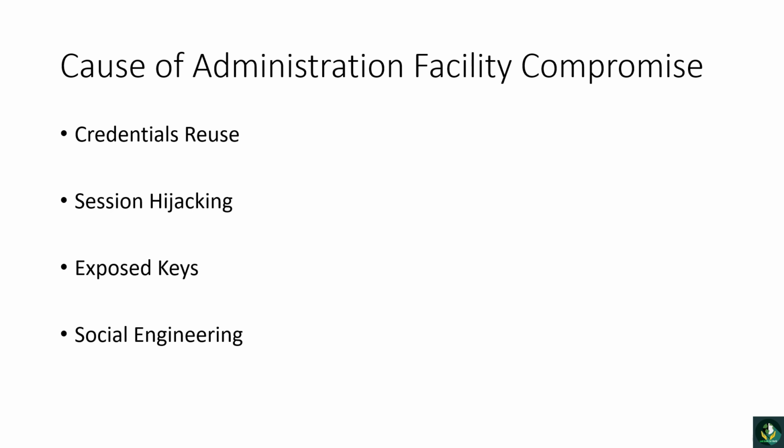The different risk again is exposed keys, and what I would like to do here is actually give you an example of where this happened. Let me talk about 2015, when a web developer accidentally made a Git repository public.